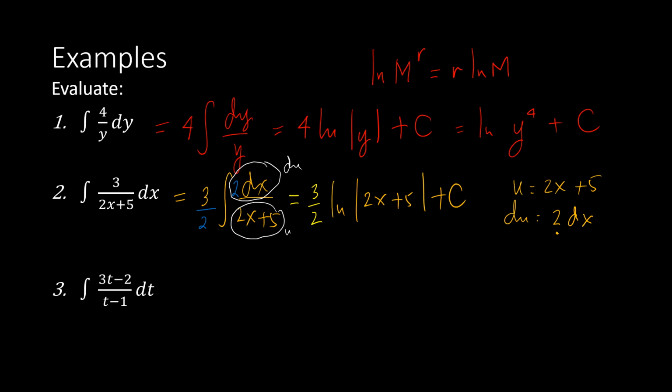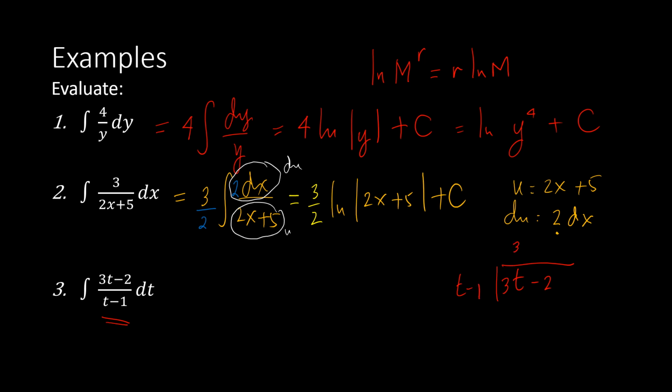Next, the integral of 3t minus 2 over t minus 1 dt. Observe that our integrand is an improper rational function because the degree of the numerator is the same as that of the denominator. So what we normally and usually do is we divide the numerator 3t minus 2 by the denominator t minus 1.